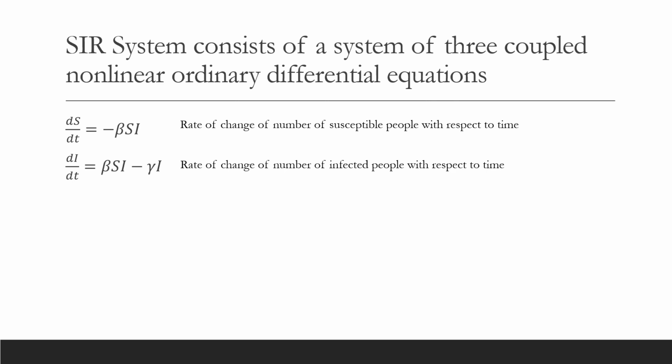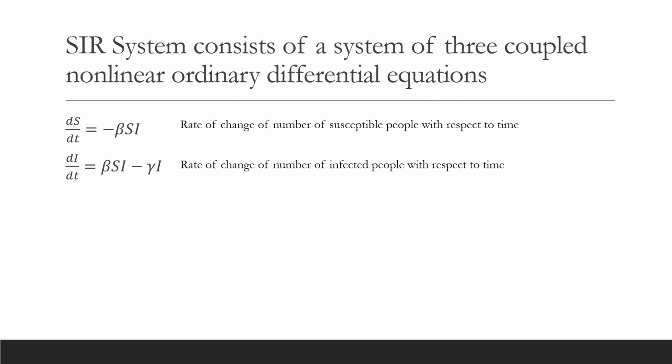When the susceptible persons move from the S compartment to the I compartment, they become infected. Hence, the loss of the susceptible compartment, that is minus beta SI, is the gain of the infected compartment. And hence, you could see the term beta SI in equation 2.